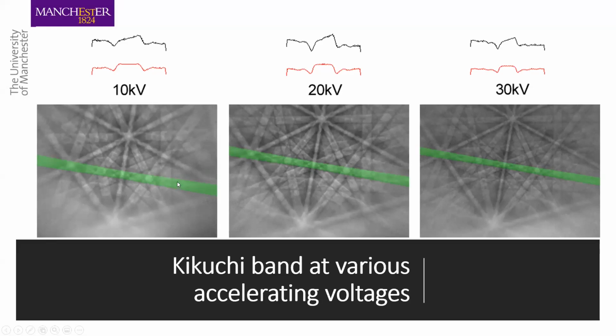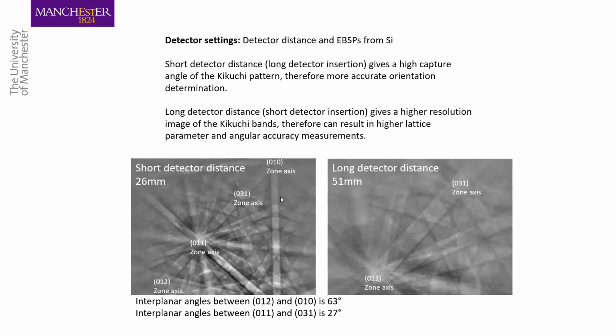So the interaction volume here at 10 kV is lower, but you can see that the bands are wider as well. Depending on the pattern signal to noise ratio, this can cause a problem, but detecting these wide bands can also be an issue. But typically we use 20 kV, where we get the best of both worlds, in terms of interaction volume and quality of the bands.